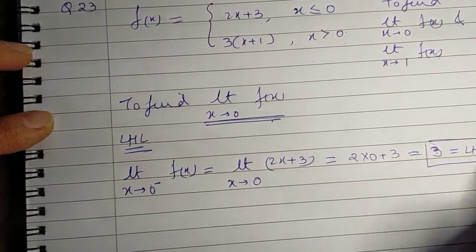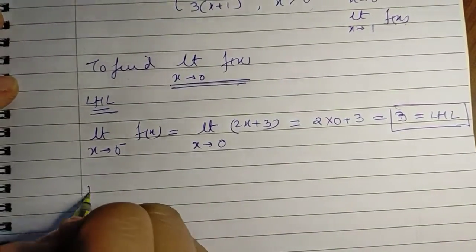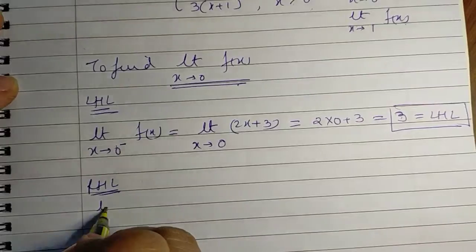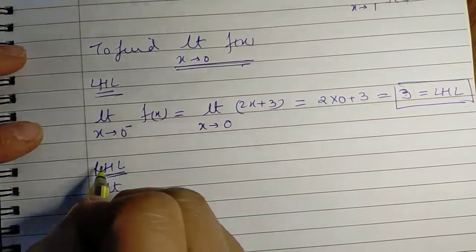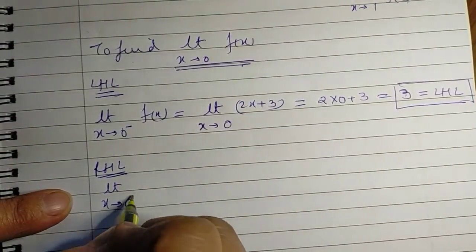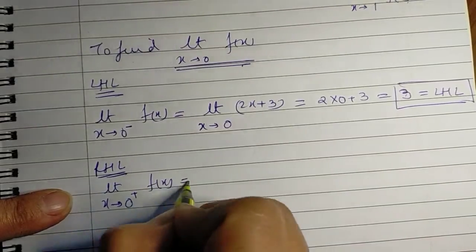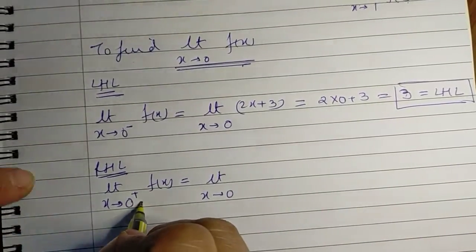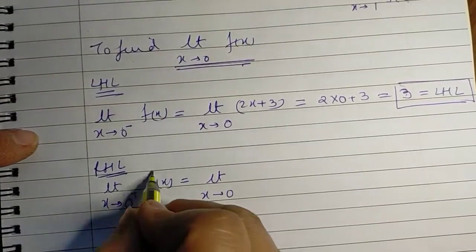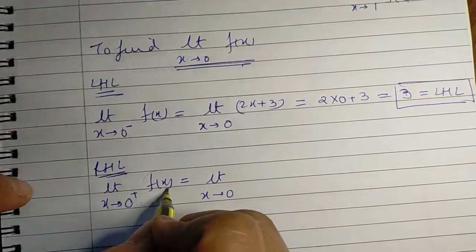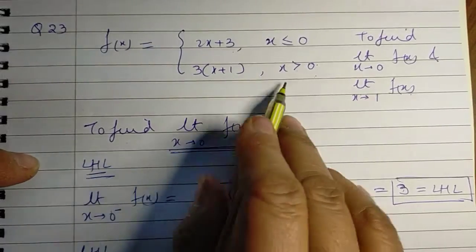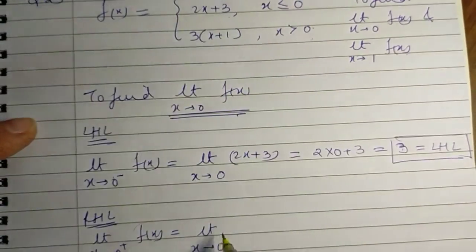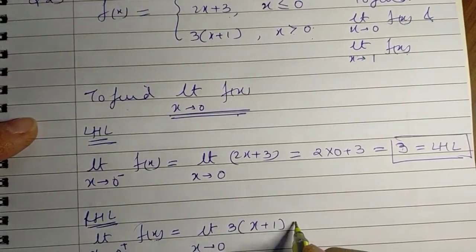Similarly, to find the right hand limit, we proceed as under. We write it as limit x tending to 0 plus f(x). Now, the next step involves dropping this plus sign and instead replacing the function f(x) by the definition on the right. On the right of x equal to 0, the definition of the function is 3 times x plus 1.